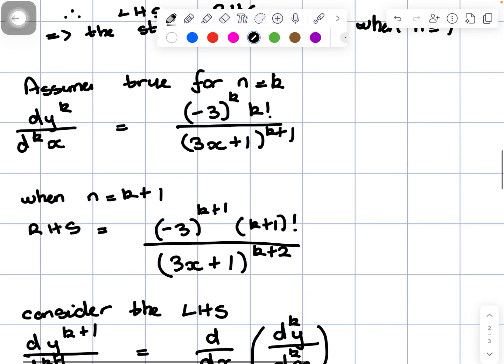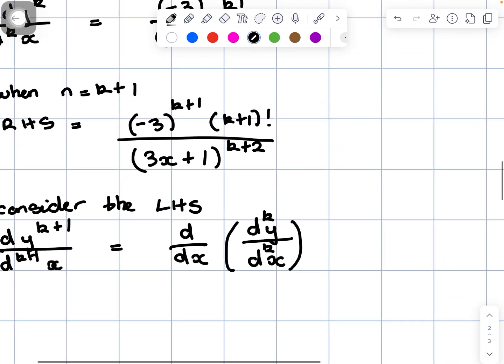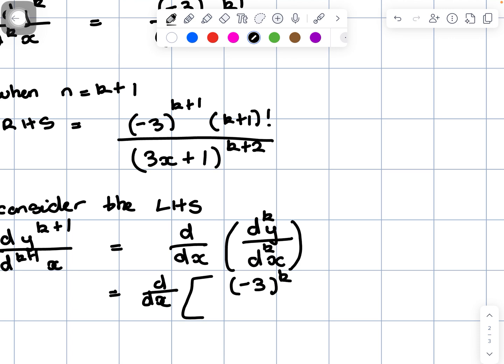We're differentiating the assumption stage. So we're saying d over dx of open bracket minus 3 to the power k factorial, because we already have that in the assumption stage, over 3x plus 1 to the power k plus 1.